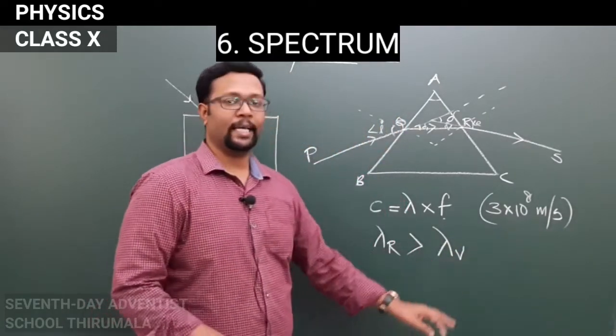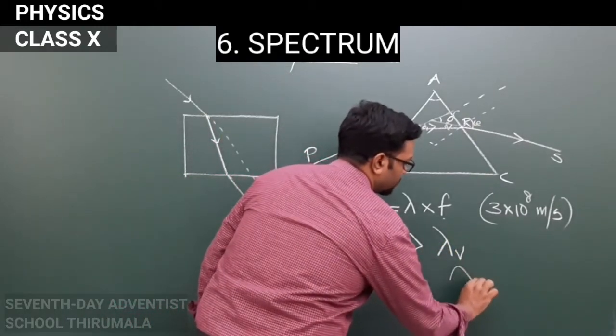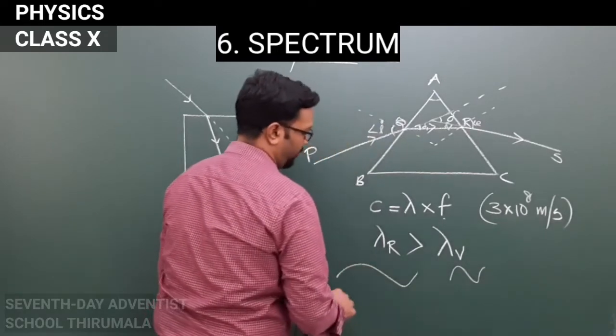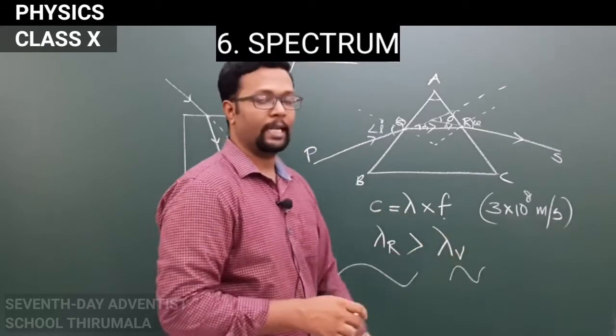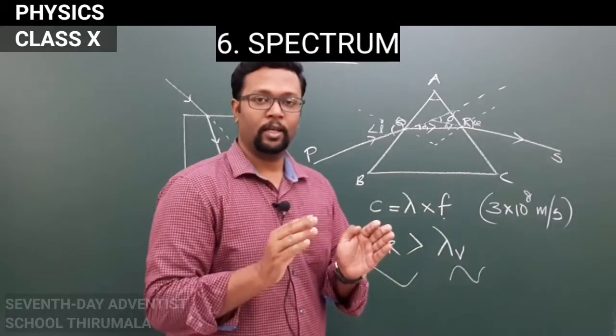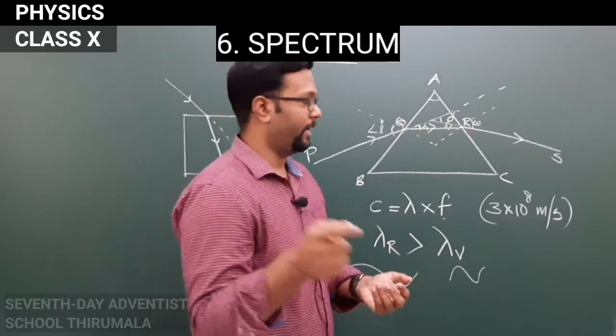So, violet light has smaller wavelength, that means the waves are smaller, and in red light, the waves are longer. The wavelength of red light is large and the wavelength of violet light is small. Smaller the wavelength, more will be the deviation.